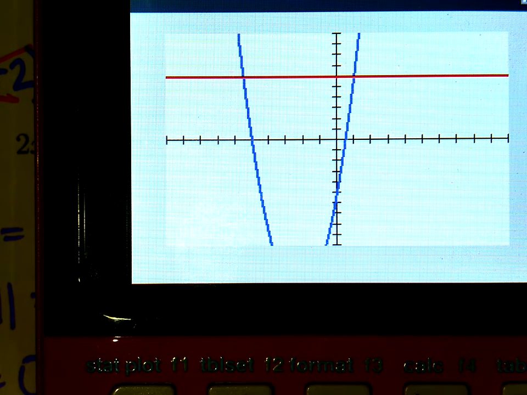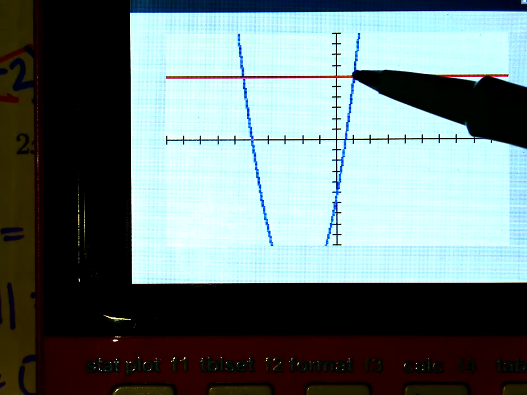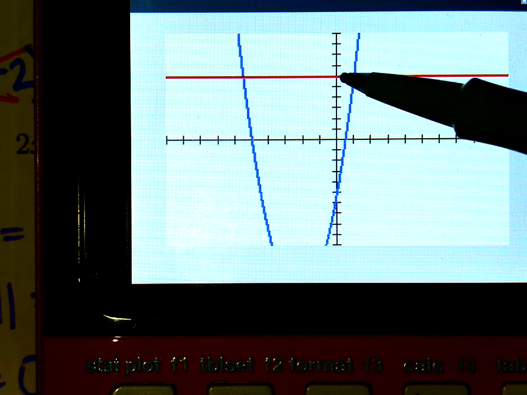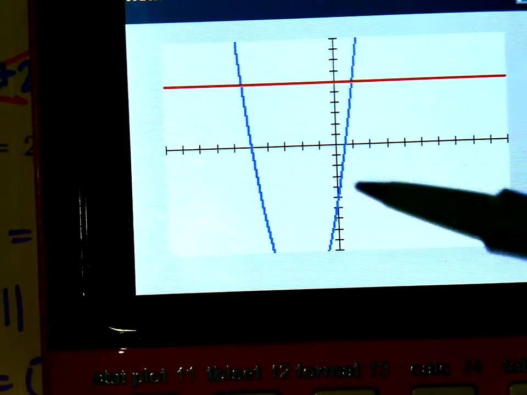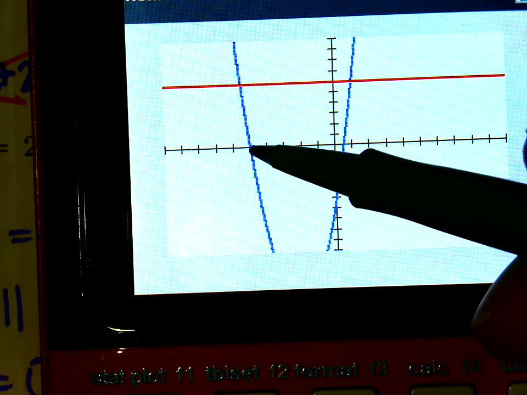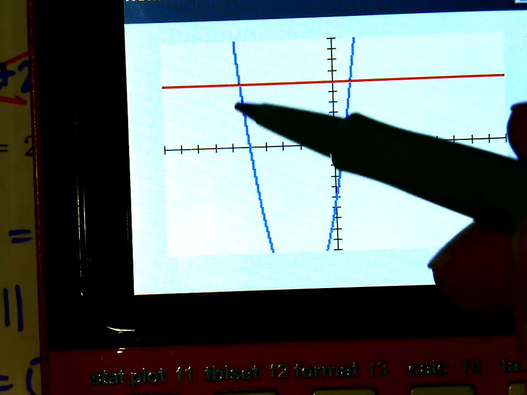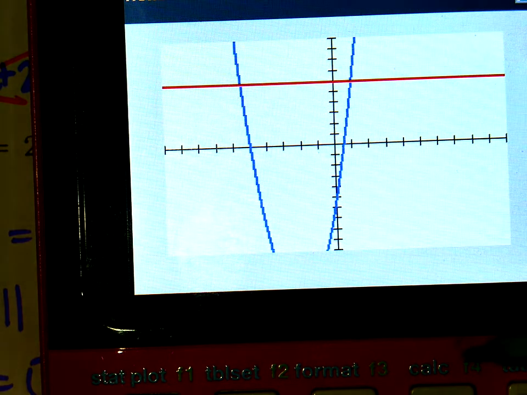So I need you to see that it happened twice and we have two solutions. Here, when x was 1, this function, did we get 1? Yeah, we did. And when x is negative 5.5, you see that they will meet again.